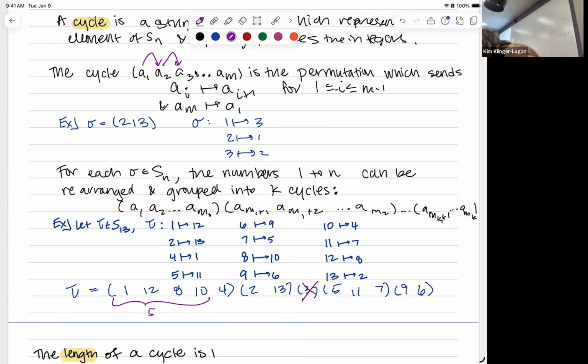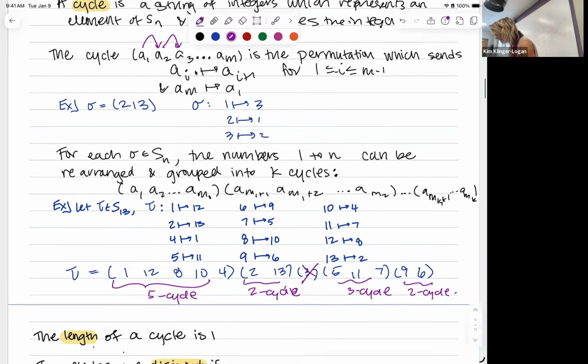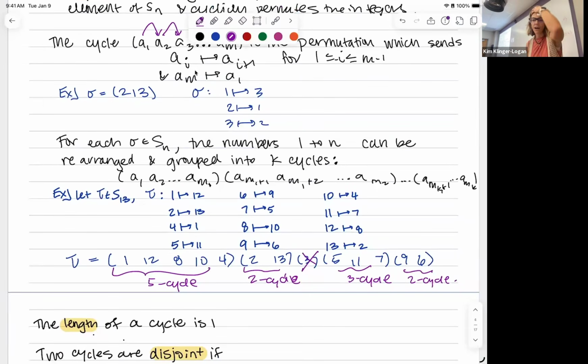This is a 5 cycle. This is a 2 cycle. This is a 3 cycle. And this is another 2 cycle. That's how we refer to them, by the length of the cycle, and the length of a cycle is just the number of integers which appear in it.